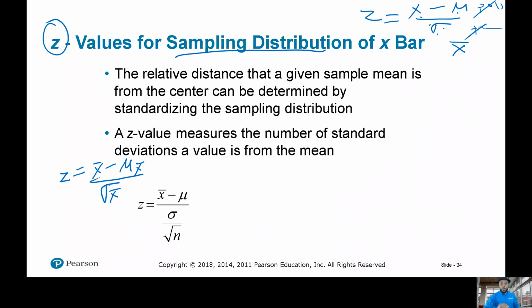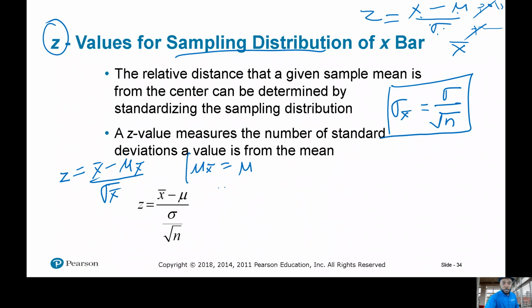And of course, from theorem 1, we know that mu of x bar is equal to the population mean, mu, and that sigma of x bar is equal to sigma divided by the square root of n. This was from theorem 2, from theorem 1. So we recall this, and that's how we derived this.